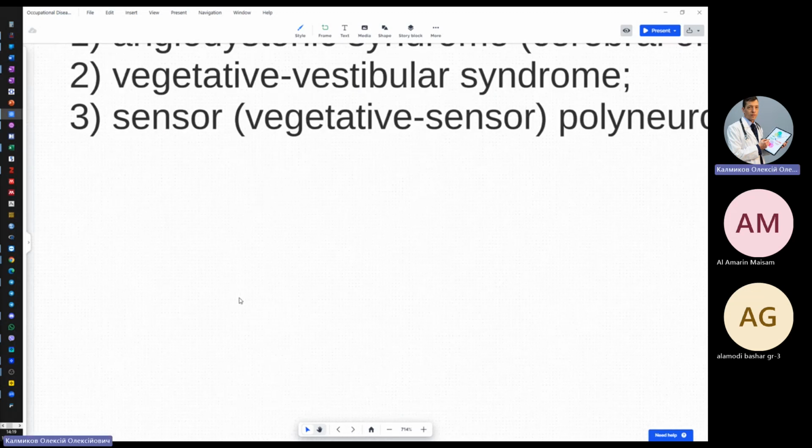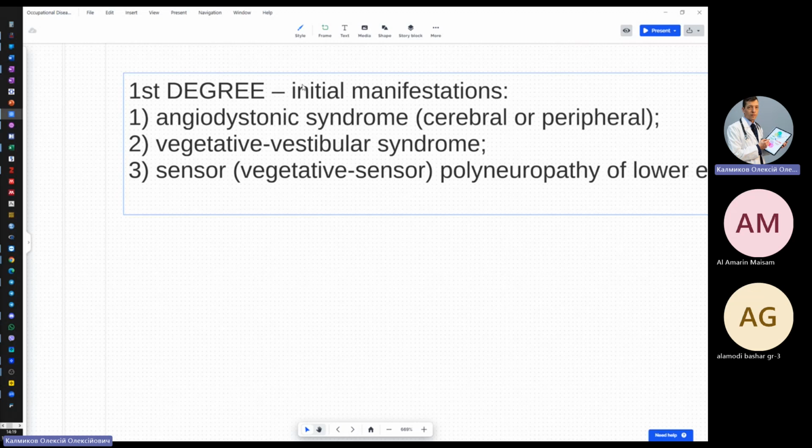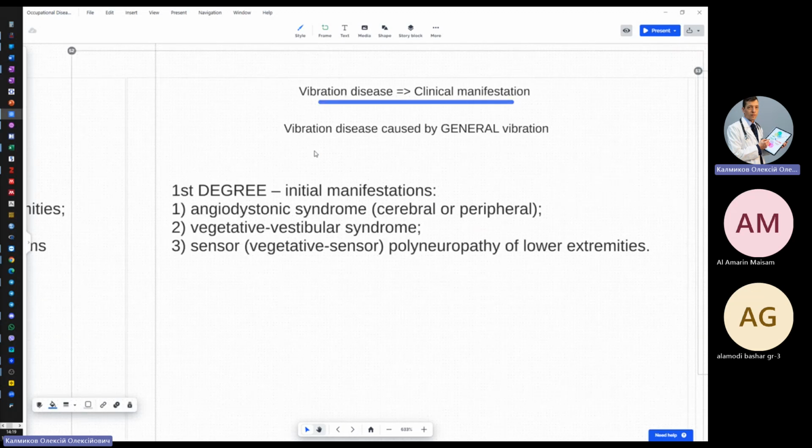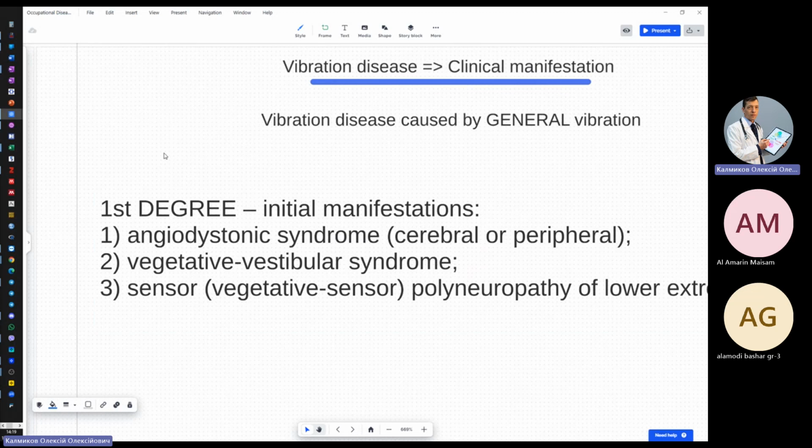Then a few words about vibration disease caused by general vibration. In this condition, there is a slightly different situation, but similar to what we have discussed about vibration disease caused by local vibration. At the very first degree, we have angiodystonic syndrome with rare spasms, but already of the lower extremities, and possibly cerebral.